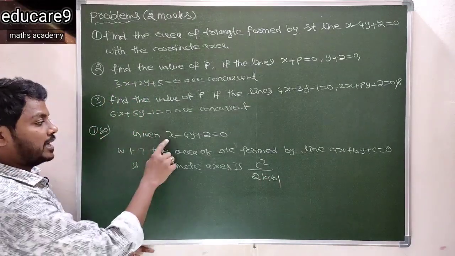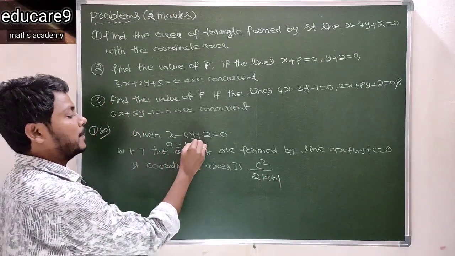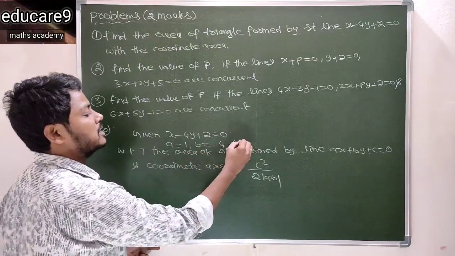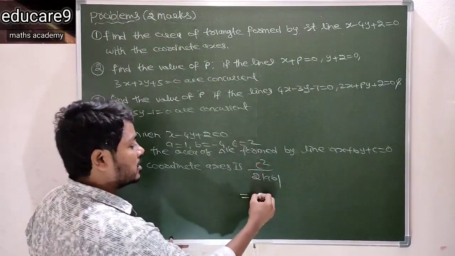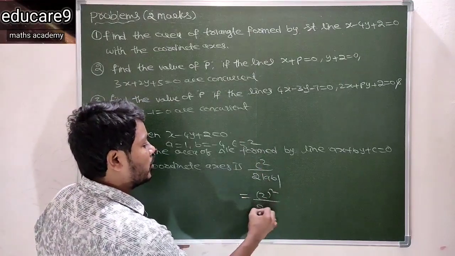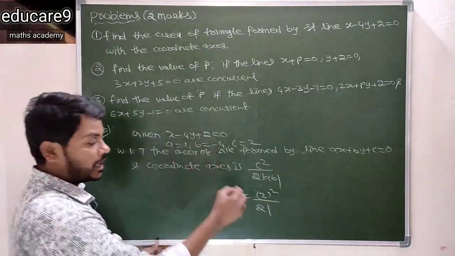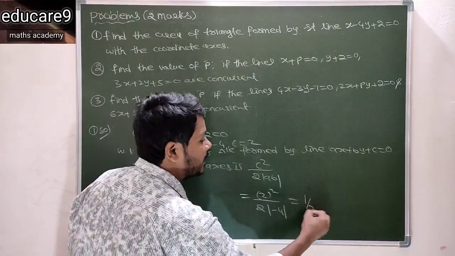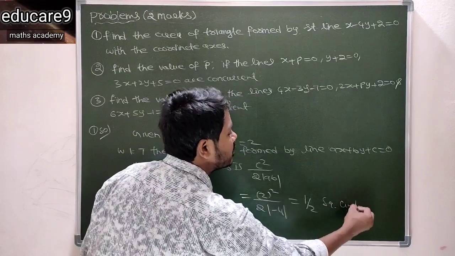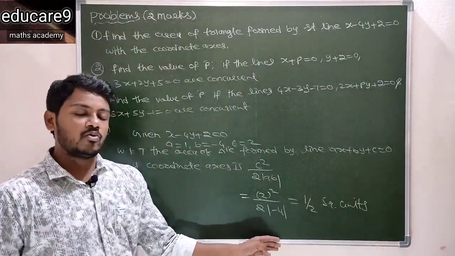Okay. So clearly A is equal to 1, B is equal to minus 4, C is equal to 2. Substitute here, what do you get? C square, that is 2 square, by 2 into mod AB, 1 into minus 4, so minus 4. So clearly this is 1 by 2 square units. So this is the required area.